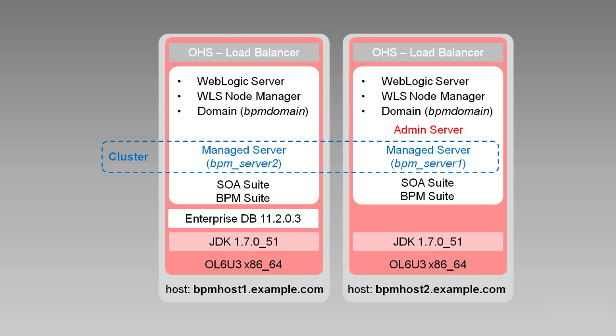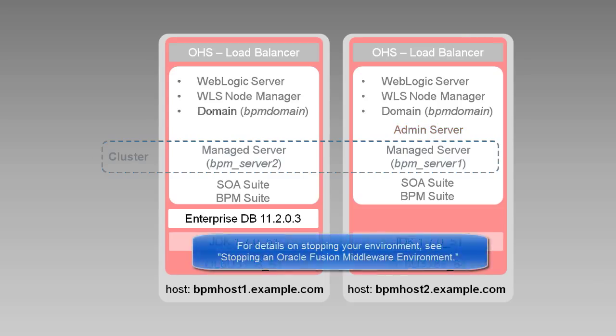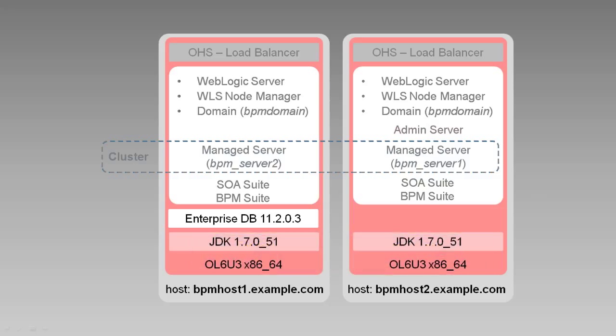Before we run the RCU, we need to shut down the managed servers, node managers, administration server, and system components such as OHS that may be using the schemas we want to upgrade. We also need to be absolutely certain that no other components or users are operating on the same database instance that will be accessed by the Repository Creation Utility.